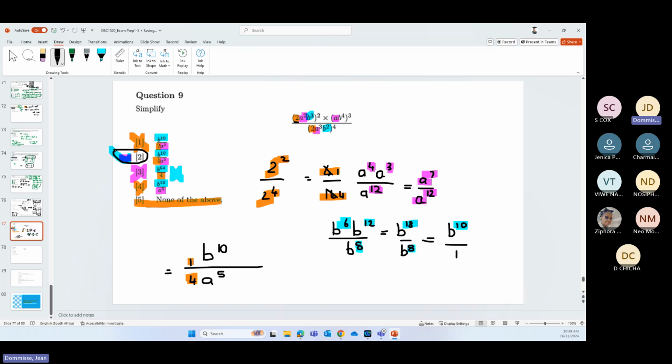So again, I think I probably took too long on this one, but I just wanted to show you guys, because this is definitely something that will be in your exam. They love to throw in one of these types of simplifications.